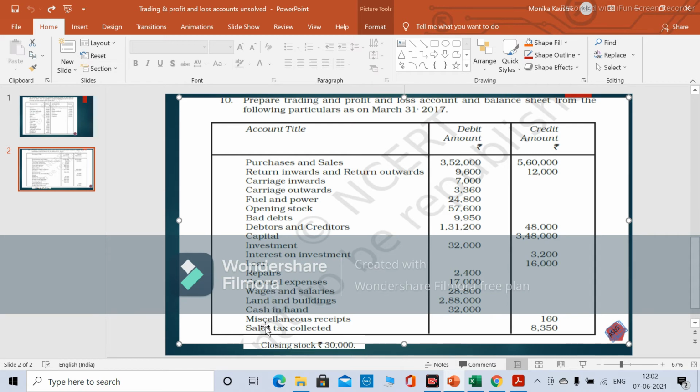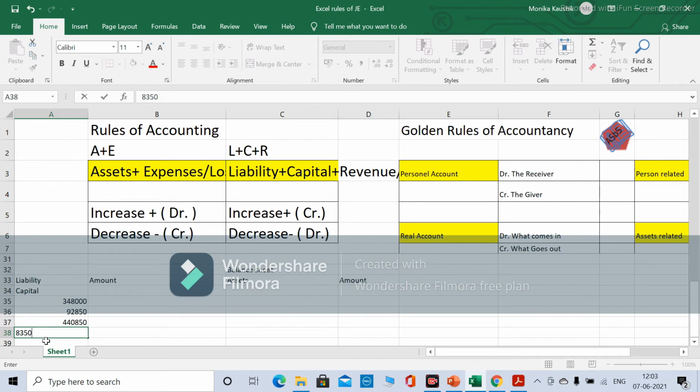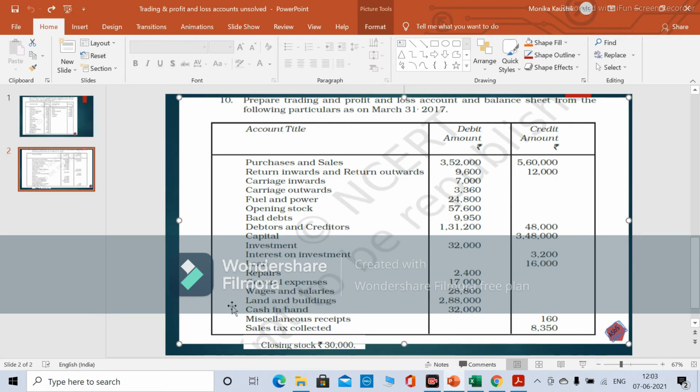Anything else related to this? Nothing is here. So I am adding this 8,350 also. This is sales tax collected, 8,350. So the total will be equal to this plus this plus this. So this will now be my capital. All the calculations are done.